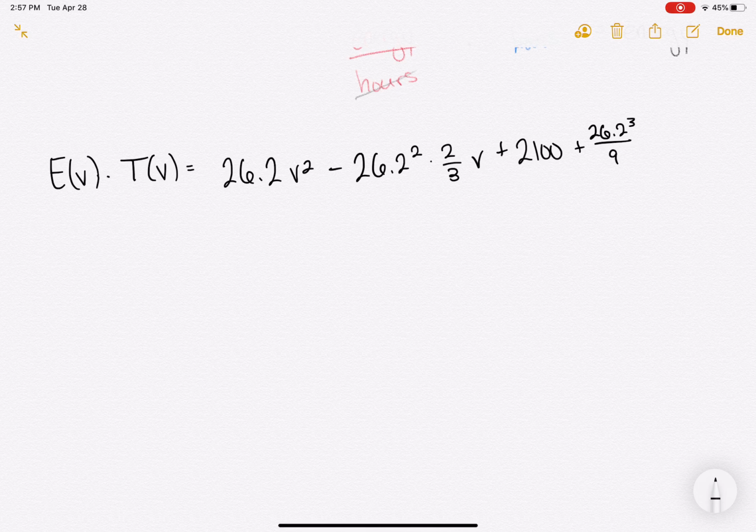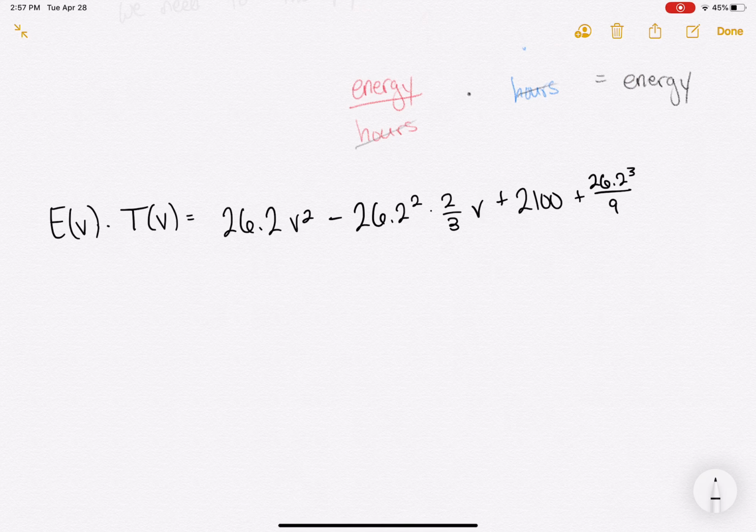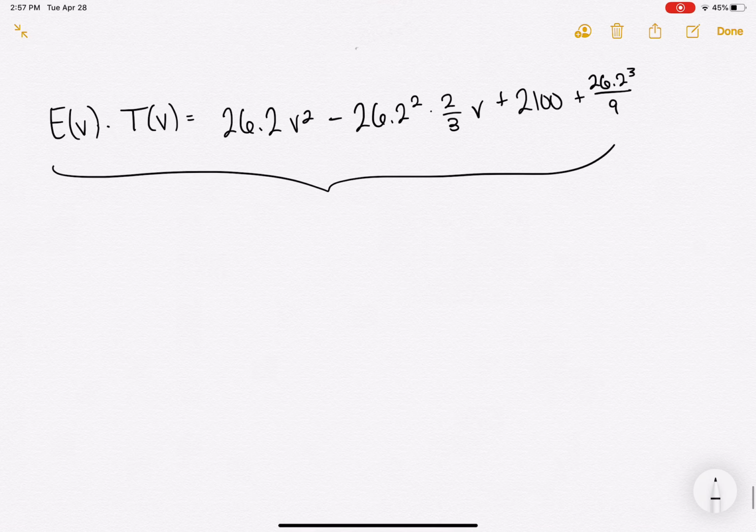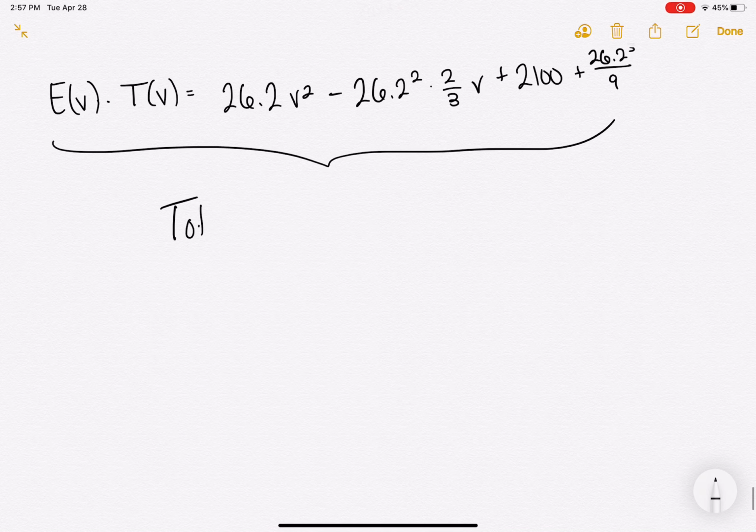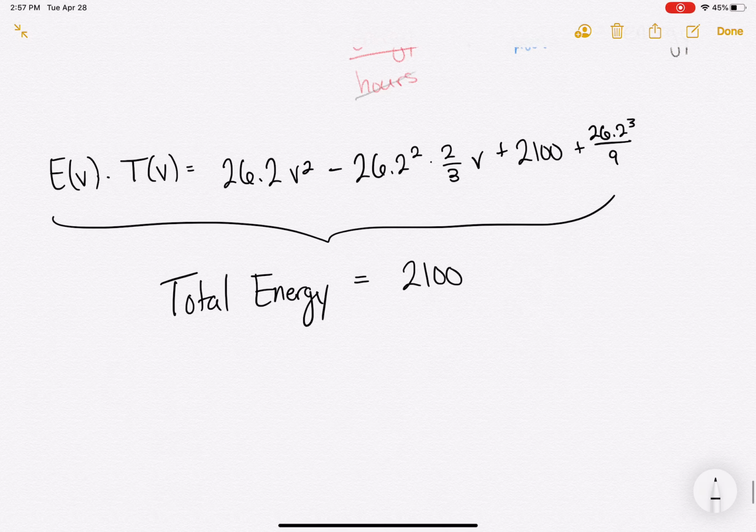And so this is our total energy equation. And if we can expend 2100 kilocalories, then it equals 2100.